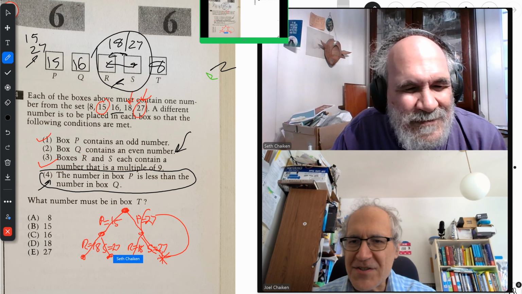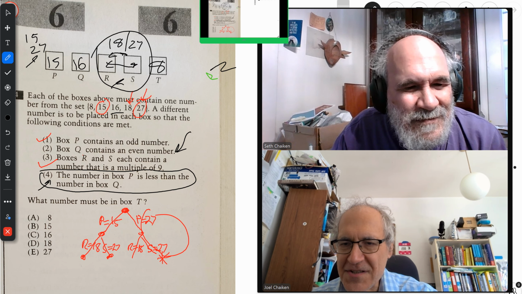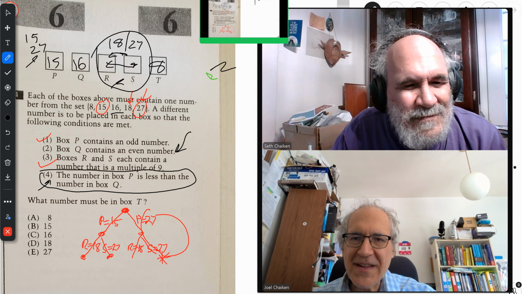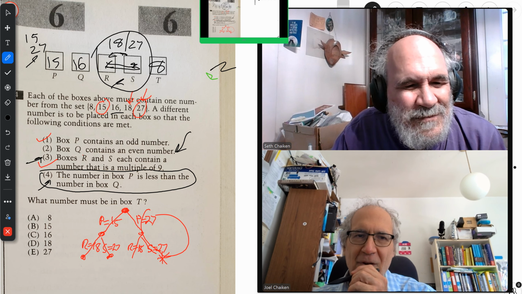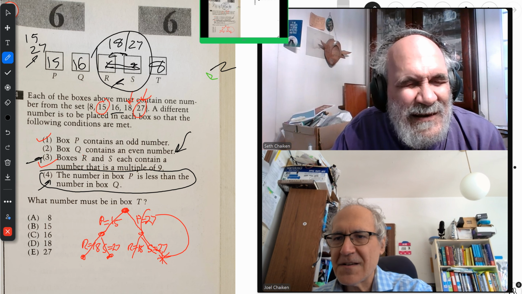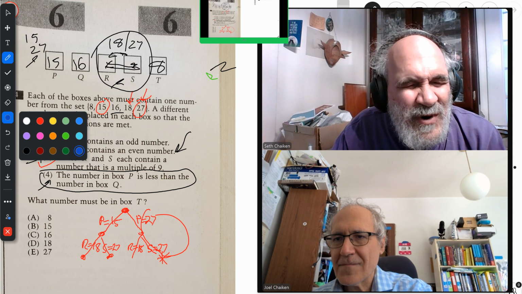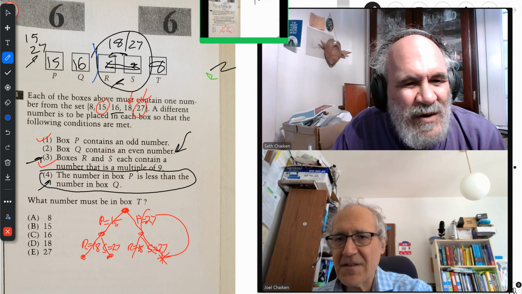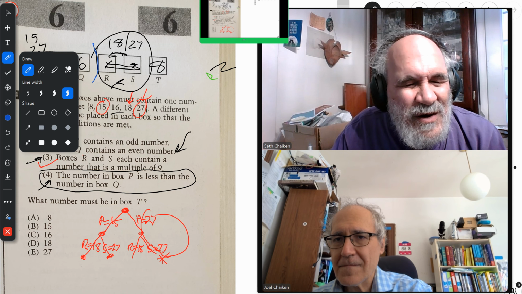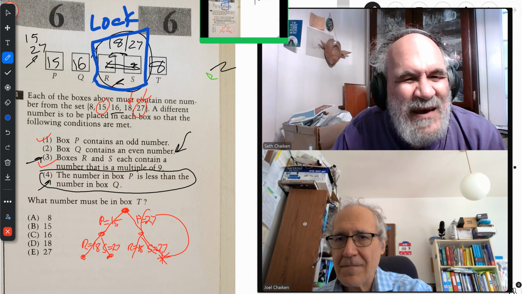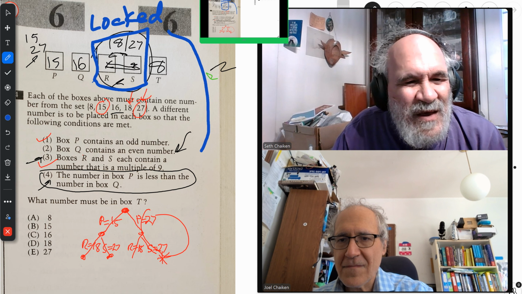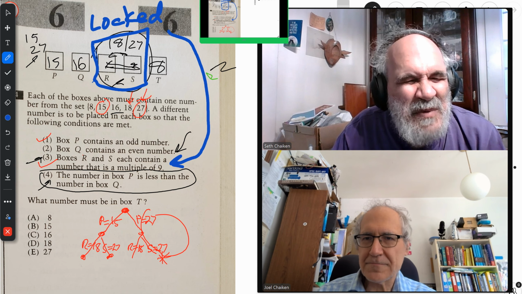It can't be 18 because R and S each contain a number. 18 is constrained to be either R or S because of constraint 3. So either R or S has to be 18. Therefore, Q cannot be 18.